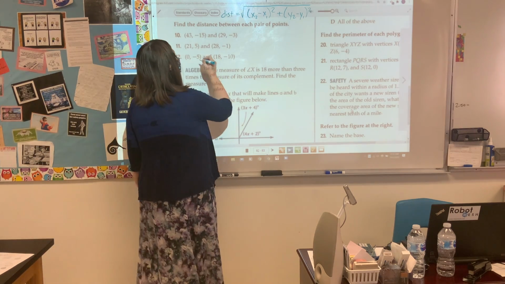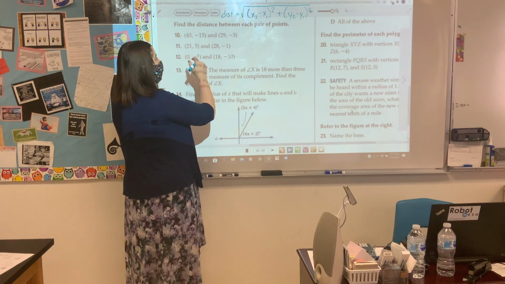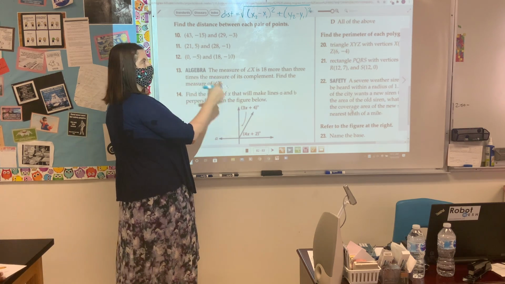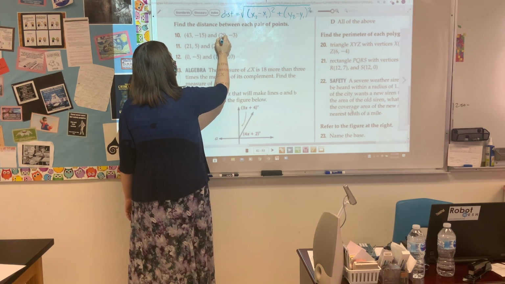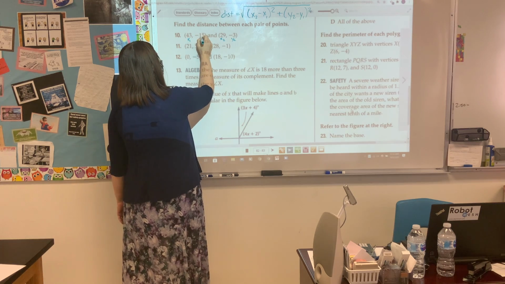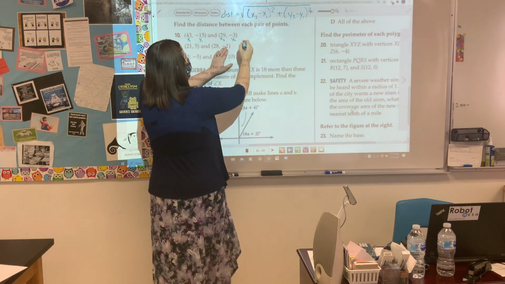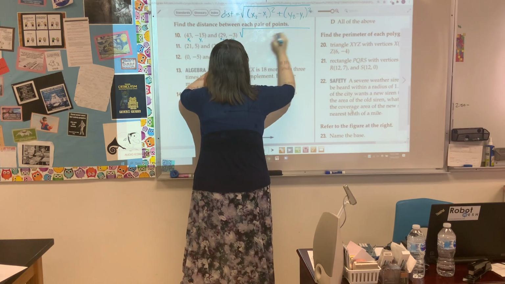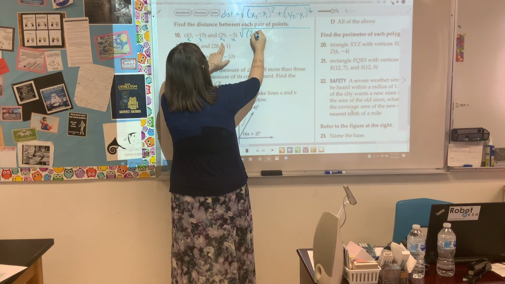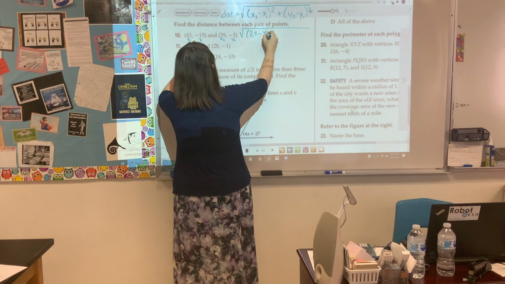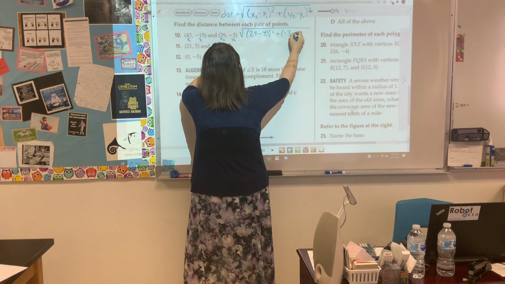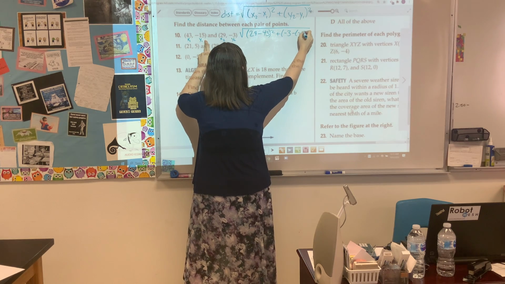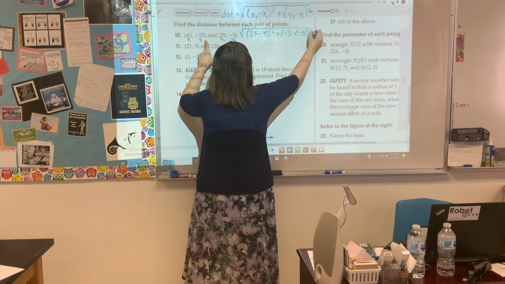Okay, so this one has the order. Subtract 29 minus 43. This is x2, y2, x1, y1. So square root of 29 minus 43 squared plus -3 subtract -15 squared.